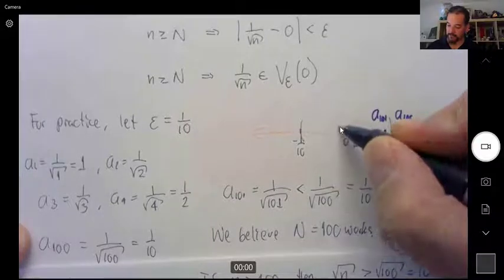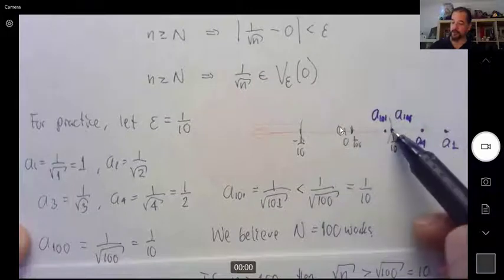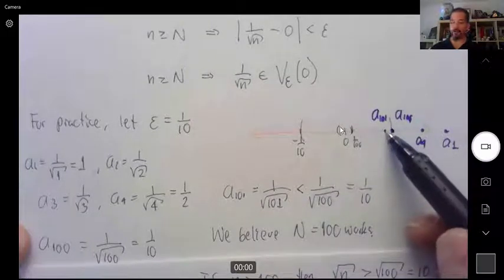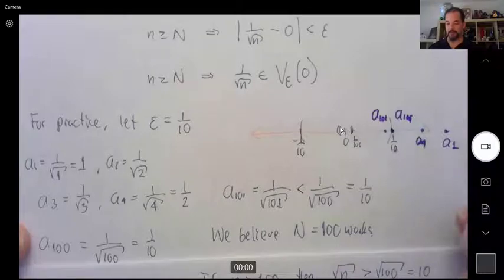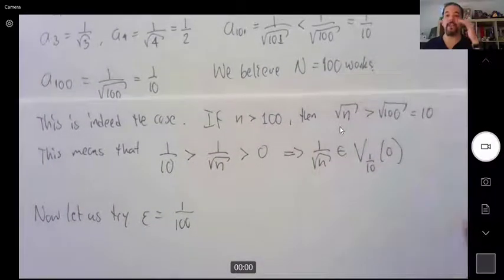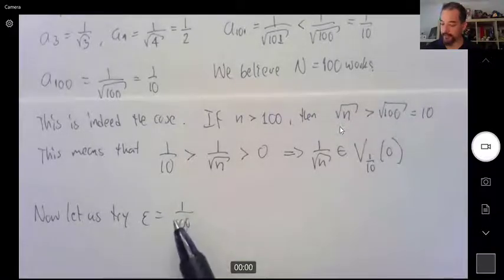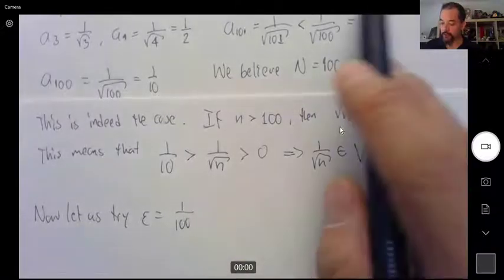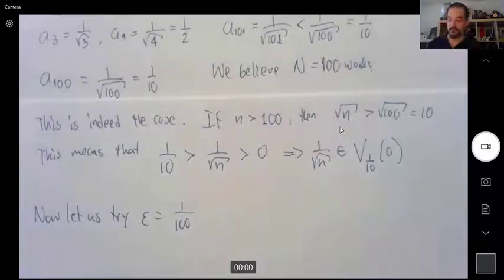Super tiny now, right? So now A100 and then A101 is not going to work. So what you need to do is find the entry point. When would it happen that the elements of the sequence fall inside my new interval? So, new picture here.